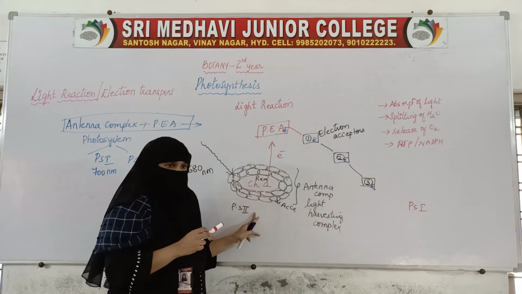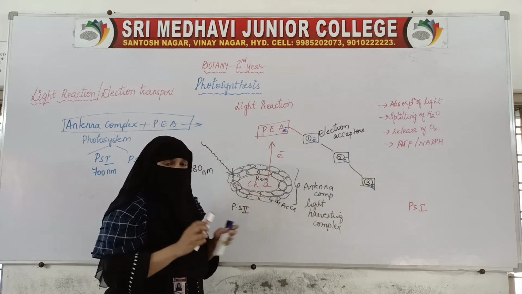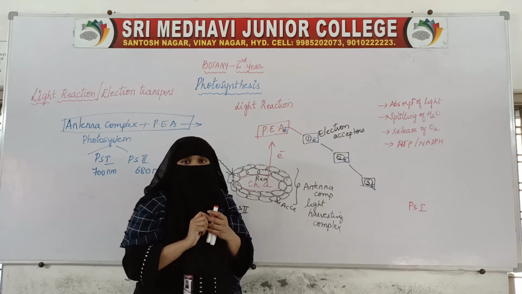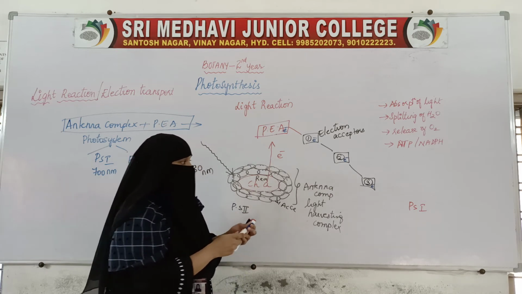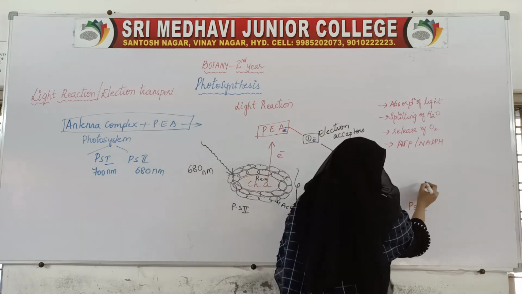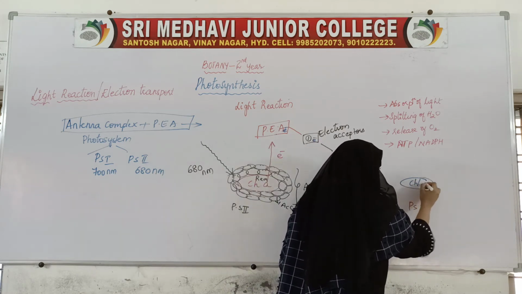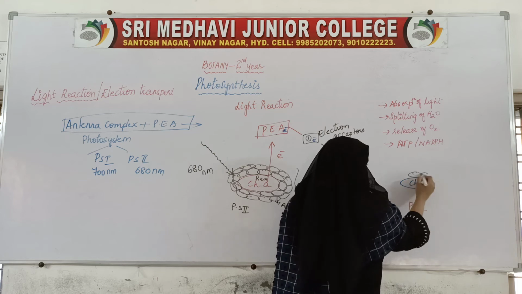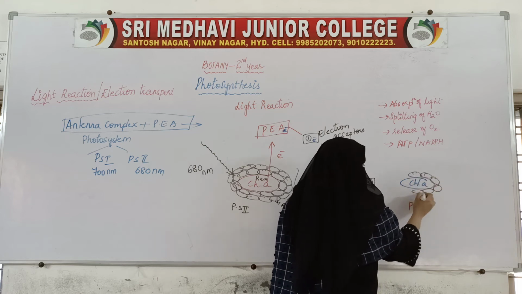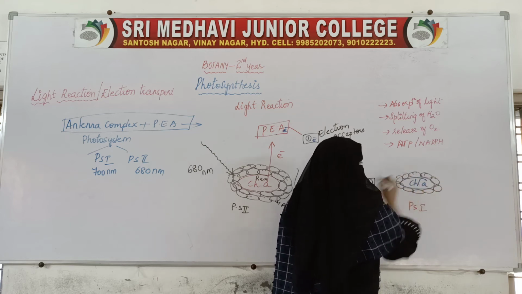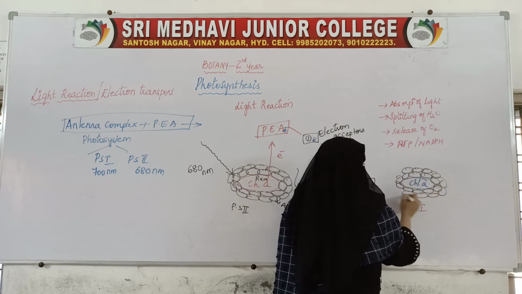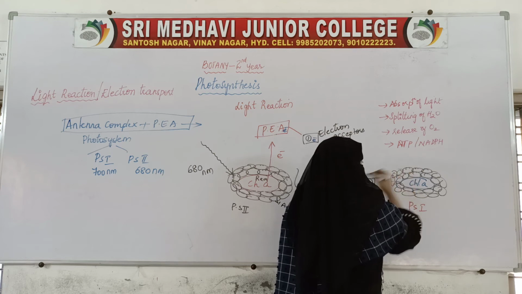Here this is photosystem 2. For the process of photosynthesis, I told you, two photosystems are involved. Now this electron will move to photosystem 1. This is chlorophyll A, and these are the accessory pigments.